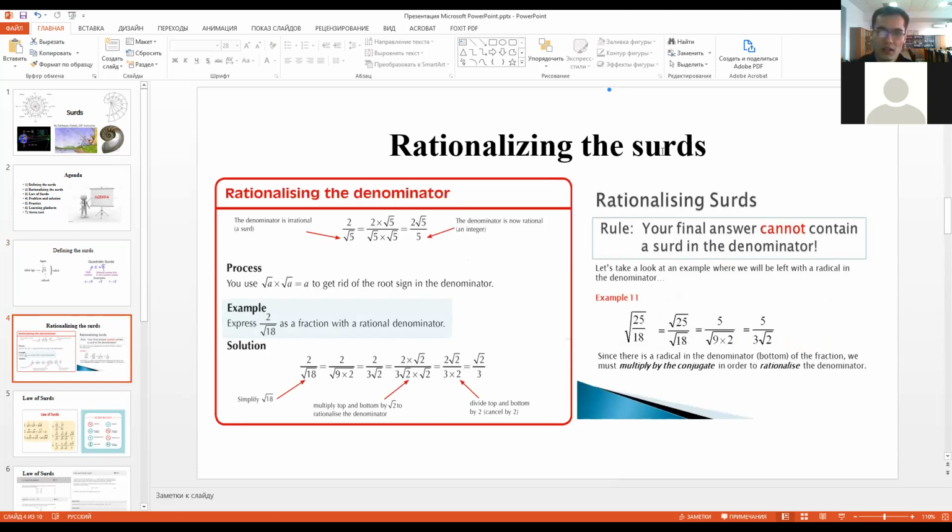When you rationalize the surds, you will rationalize in the denominator. You know, you have a fraction a over b, and these two parts, I mean the above and below, have their own names. For example, this is called the denominator.